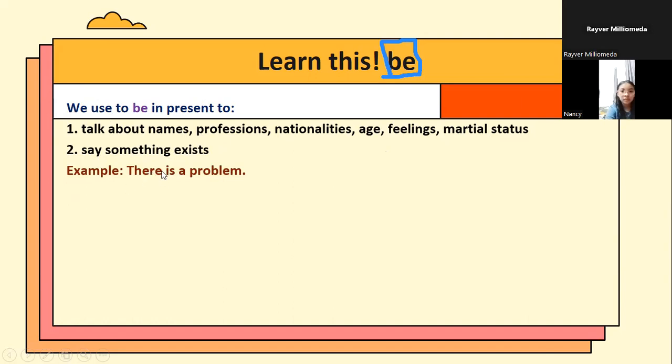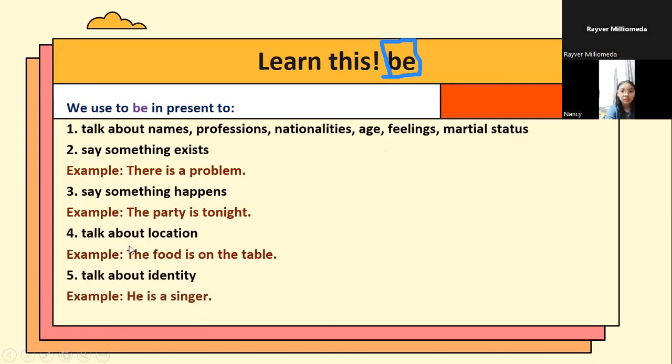Number 2, say something exists. The example is, there is a problem. Say something happens, the party is tonight. Talk about location, the food is on the table. Talk about identity, he is a singer.